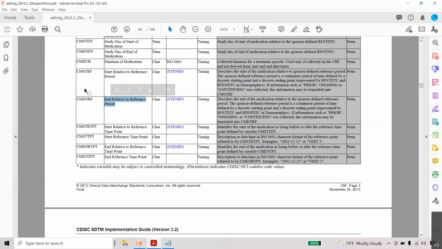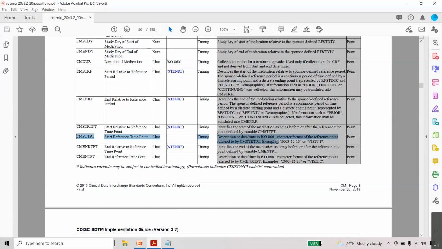CM STRF depends on CM STRTPT, start relative to the reference time point, and start reference time point. And we have another two variables, CM ENRTPT and CM ENTPT. If you see the definition for CM STTPT, start reference time point, what is the reference time point?